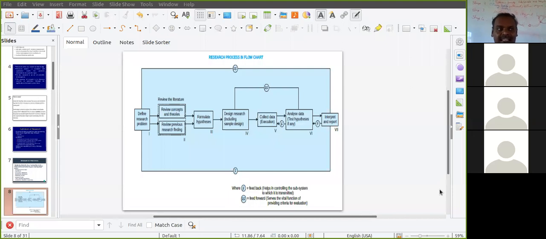But in general terms, data collection is mostly done using qualitative and quantitative methods. Quantitative is talking about numbers. Qualitative is talking about the description of the problems. So there are two types of data collection methods commonly used: qualitative method and quantitative method. Based on the study, you are going to choose either qualitative or quantitative.